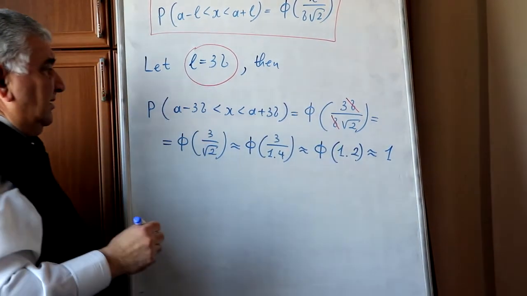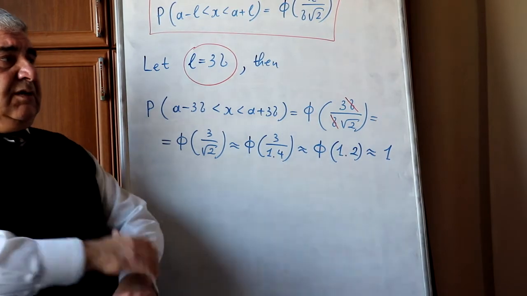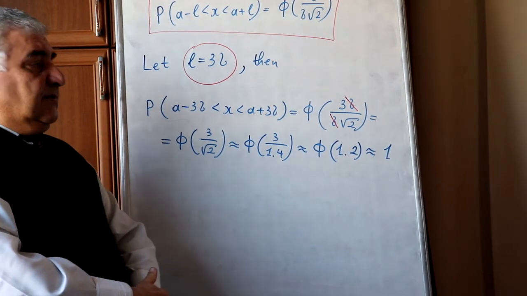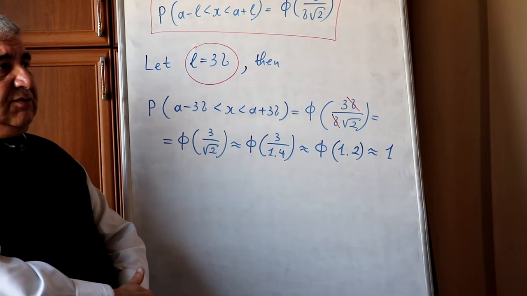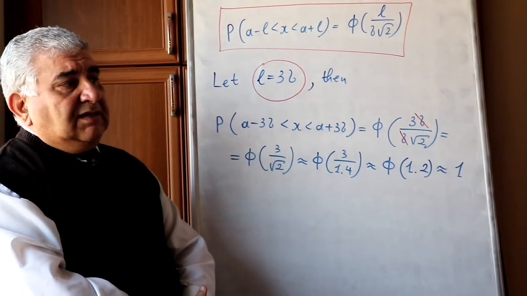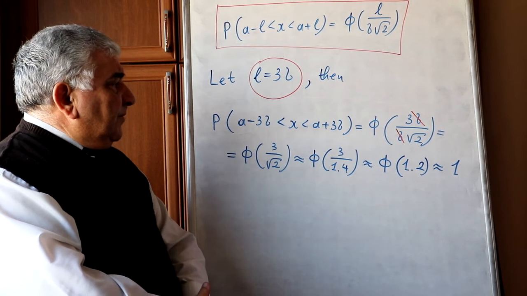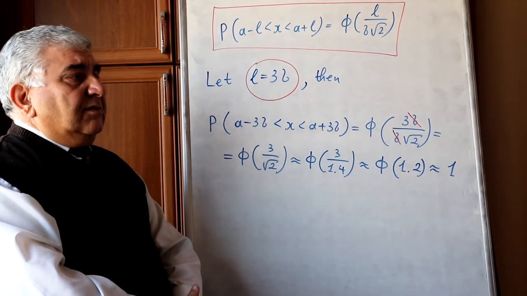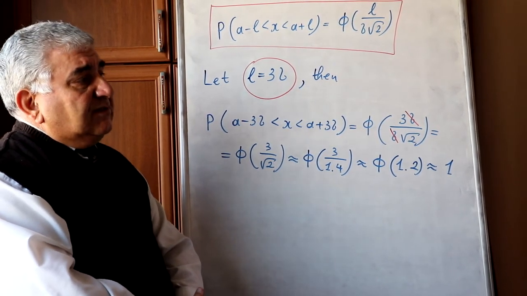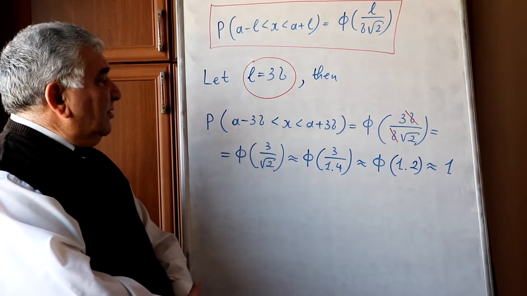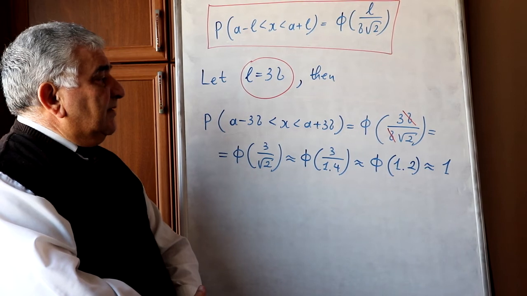It is a probability, and you know that if the probability of some event is equal to unit, it means this event is a certain event. It means the continuous random variable with the normal distributed density always will belong to the interval from A minus 3 sigma to A plus 3 sigma.